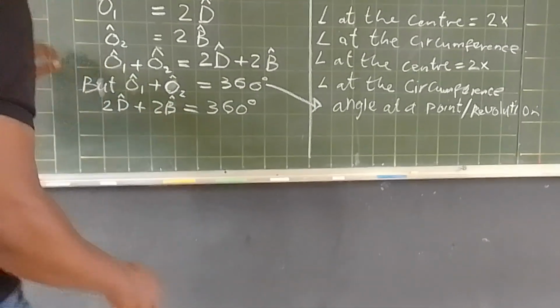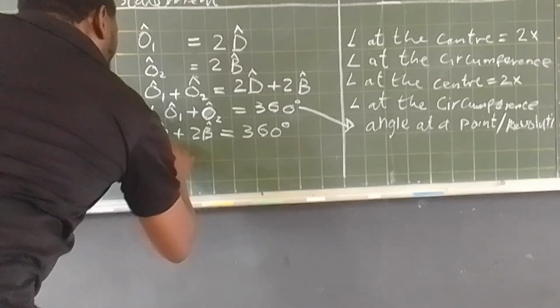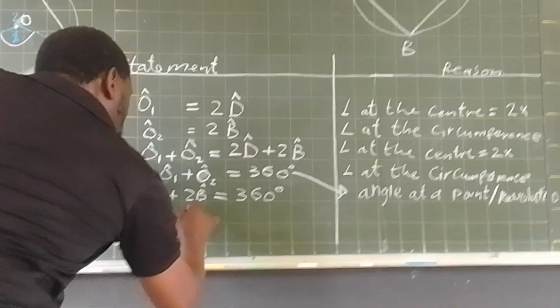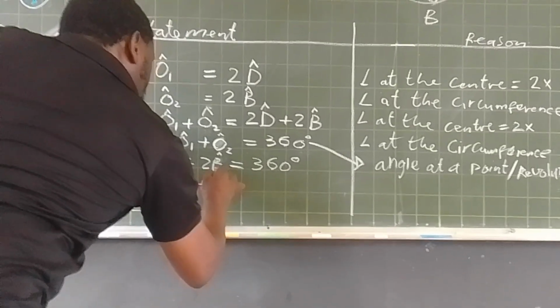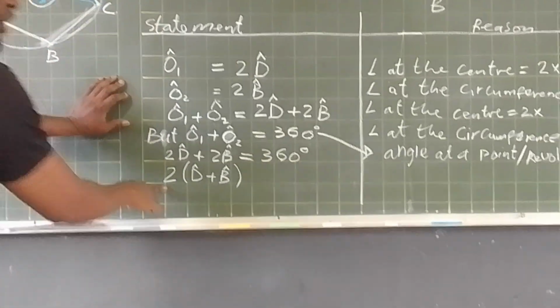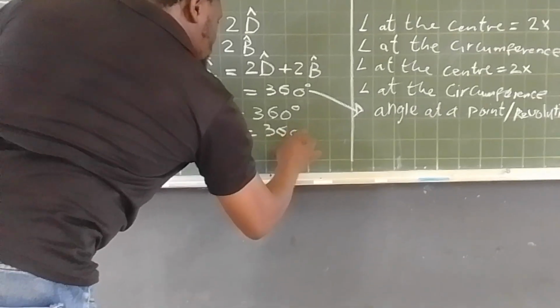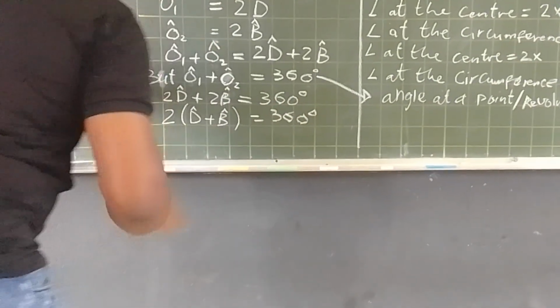That means that 2 of D plus B, taking out the common factor of 2, is equal to 360 degrees.